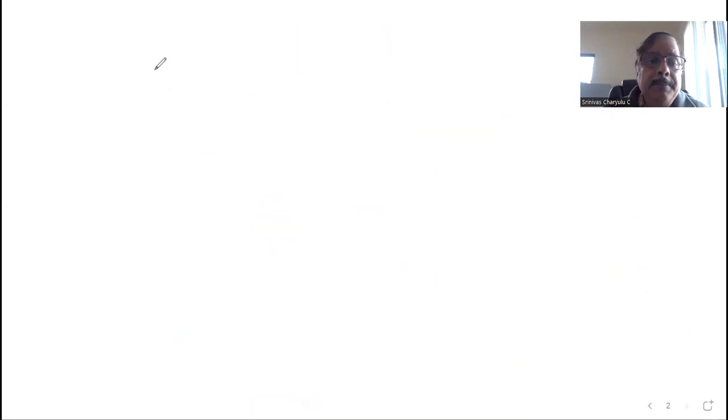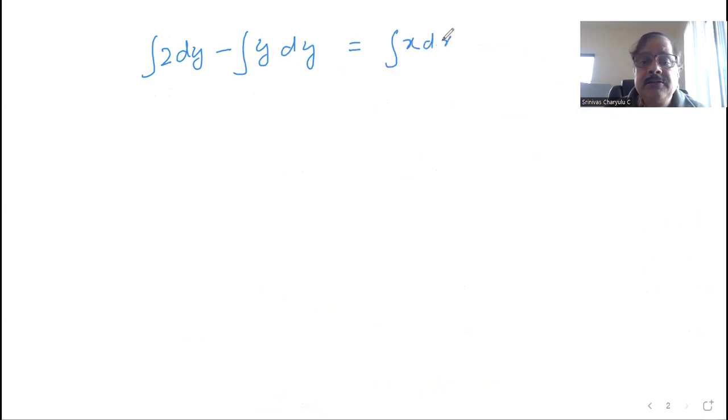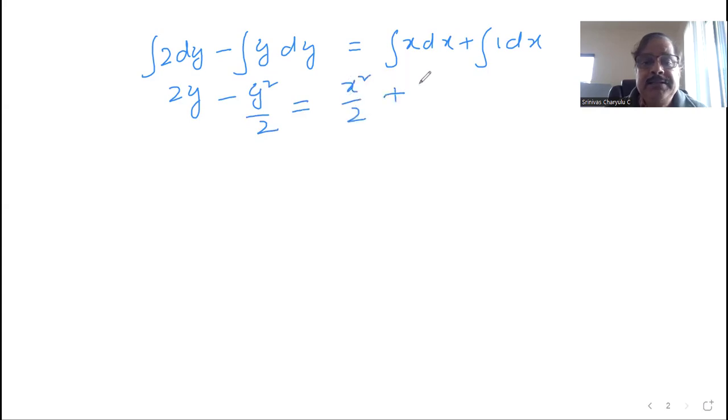So integral 2 minus y dy. So integral 2 dy minus integral y dy is equal to integral x dx plus integral 1 dx. So this is 2y minus y square by 2 is equal to x square by 2 plus x plus c.